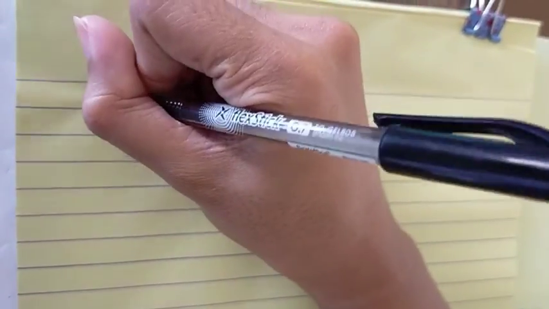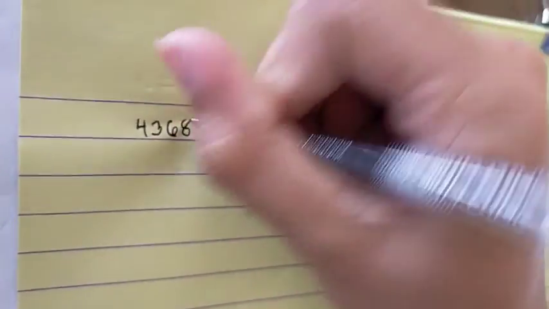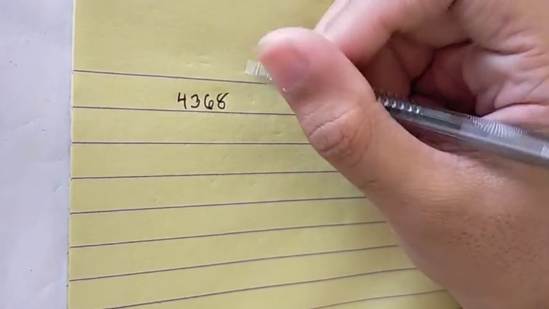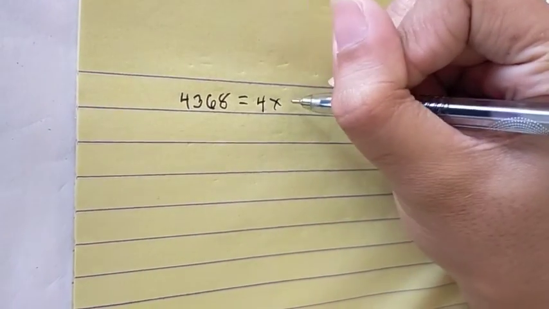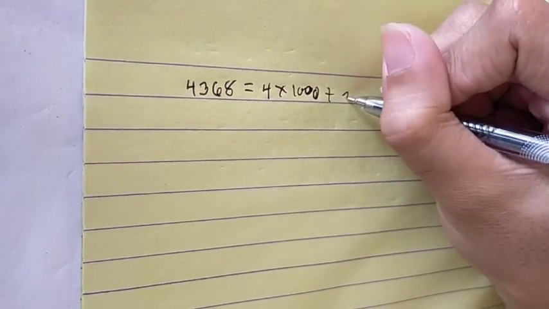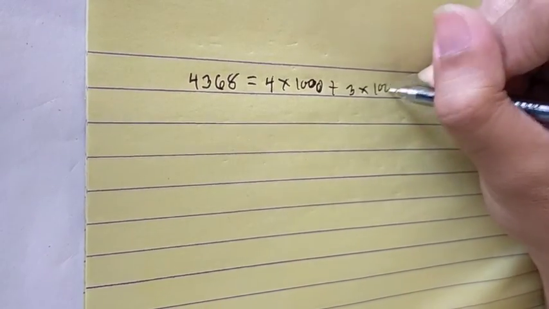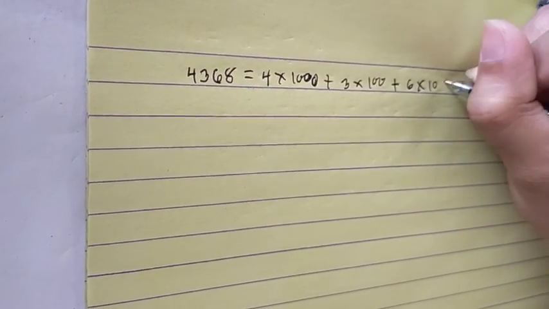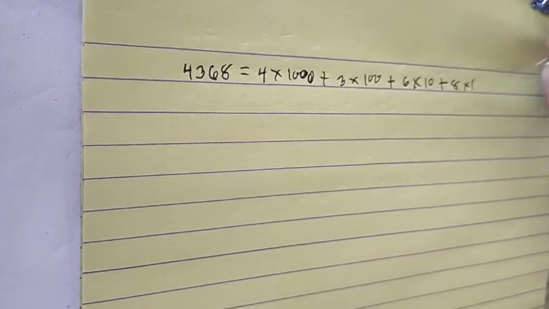To further understand this, let's examine another example. Consider the number 4368. Let us expand this number as given below. We have 4368 equals 4 times 1000 plus 3 times 100 plus 6 times 10 plus 8 times 1.